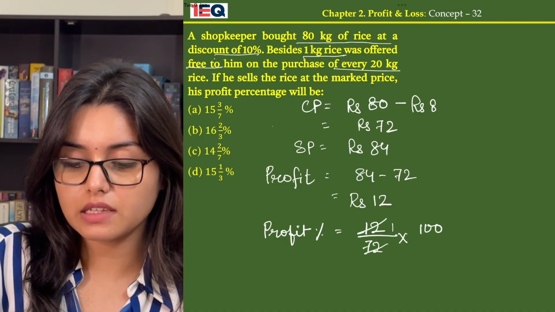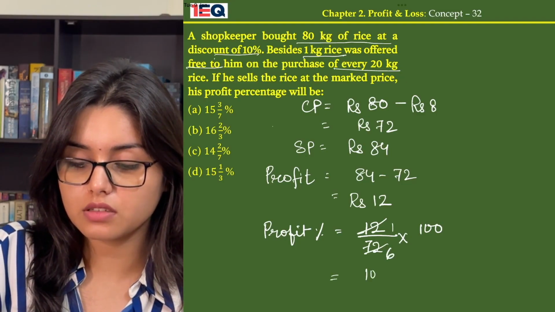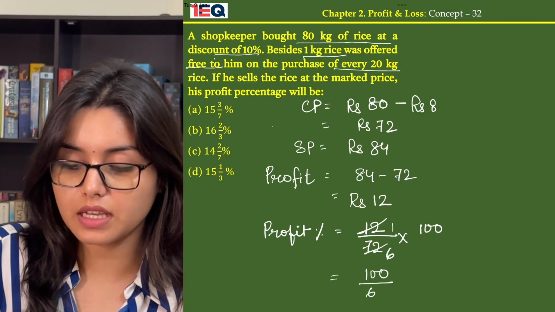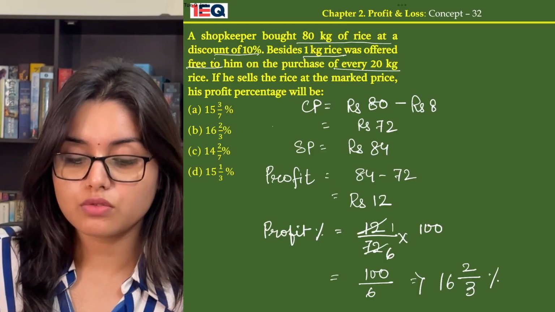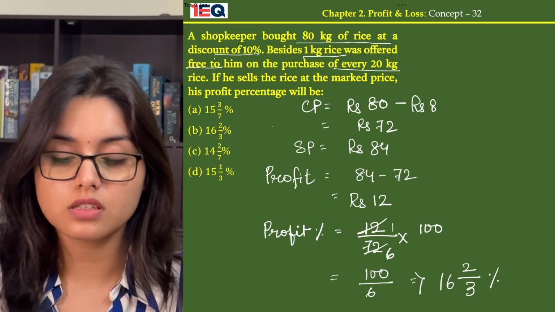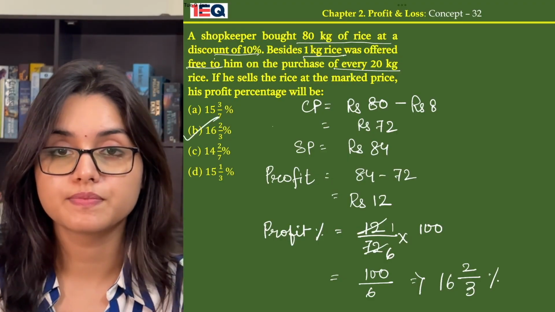On dividing we get 1 by 6, so 100 by 6 we get 16 2 by 3 percentage. So the answer to this question is option B.